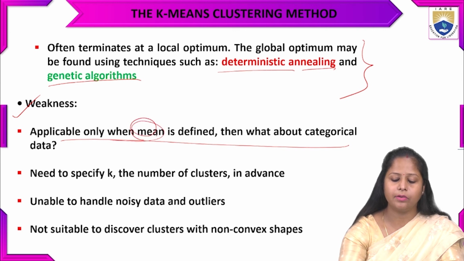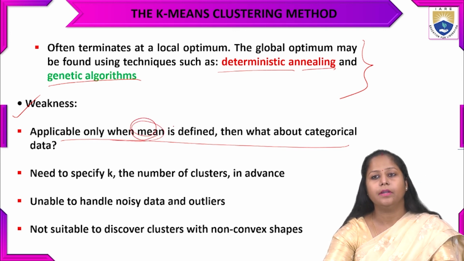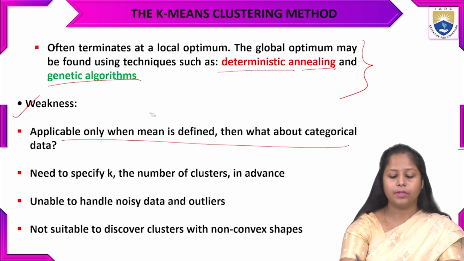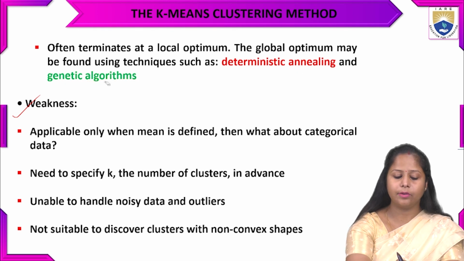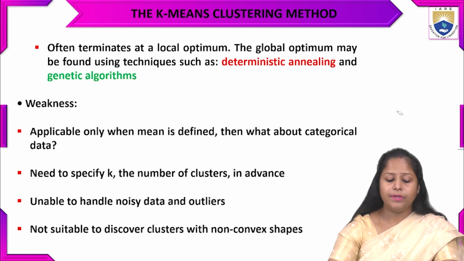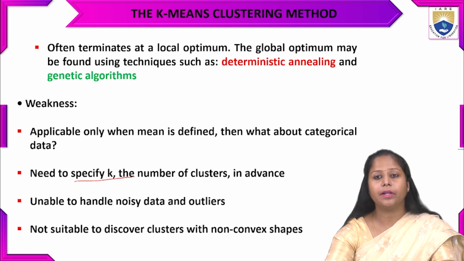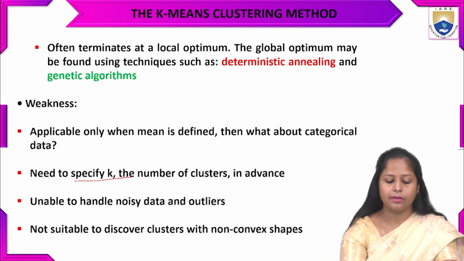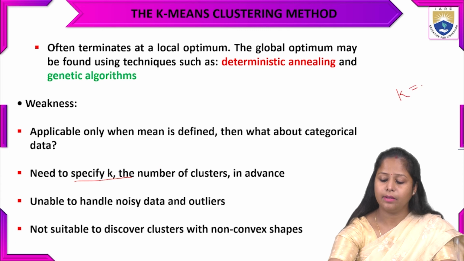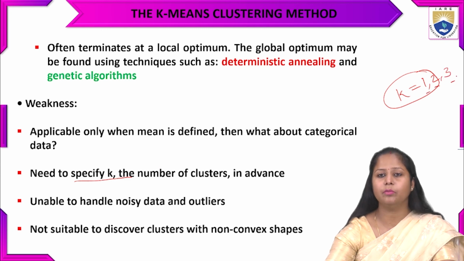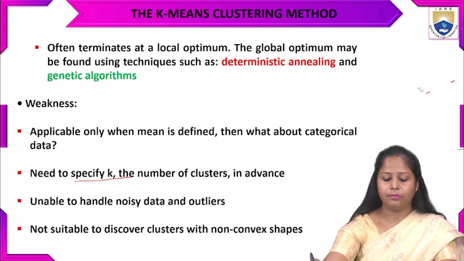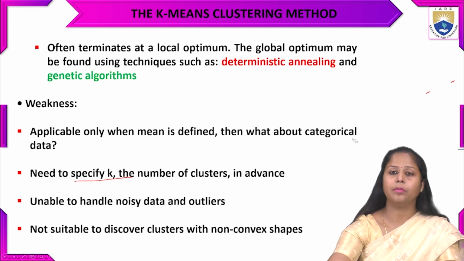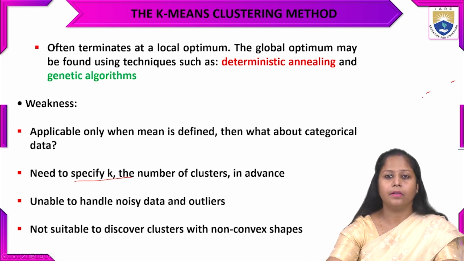If we have categorical data, what will we do? That is a weakness of the k-means algorithm. Second, we need to specify k, the number of clusters, in advance: how many clusters we are going to divide into, 1, 2, 3 or any number.